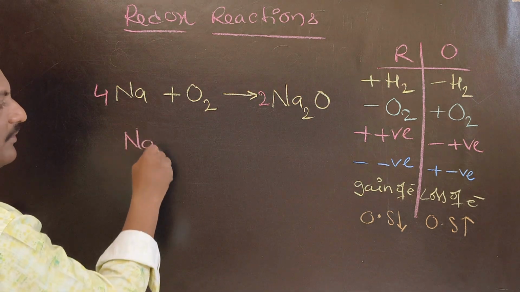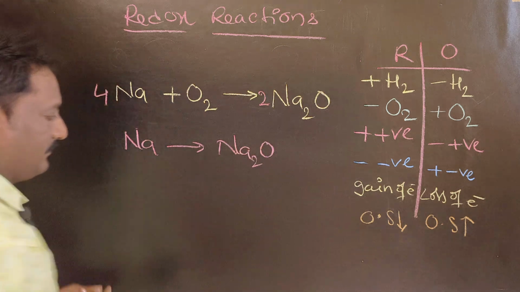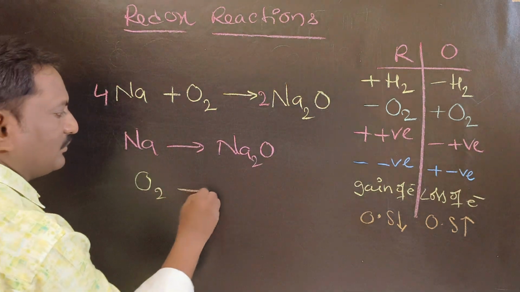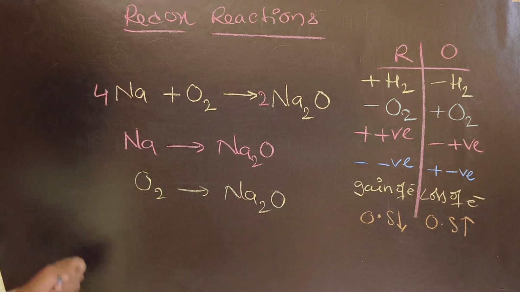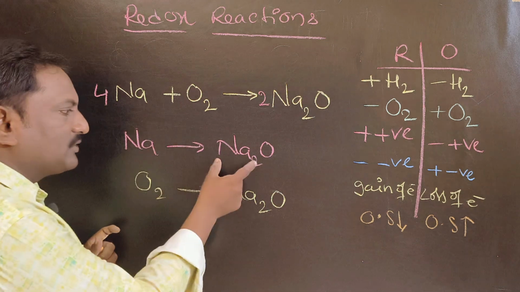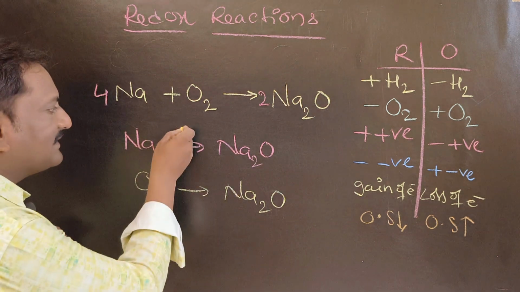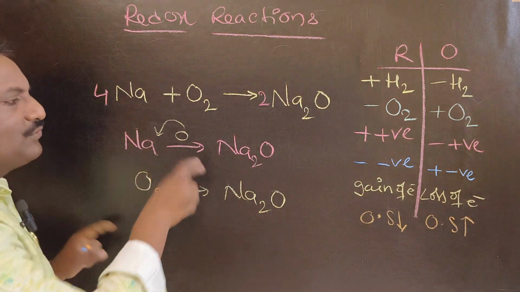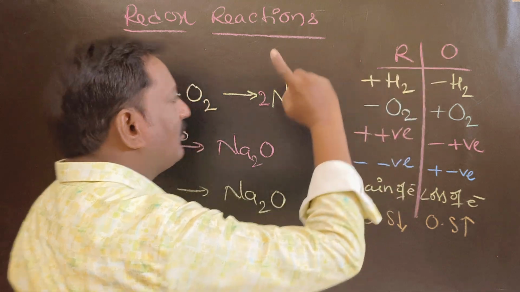Here sodium is converted into sodium oxide after completion of the reaction. At the same time, oxygen is also converted into sodium oxide. Right. What is the difference between sodium and sodium oxide? Yes, oxygen. So oxygen is added to sodium. Addition of oxygen to any substance is called oxidation.